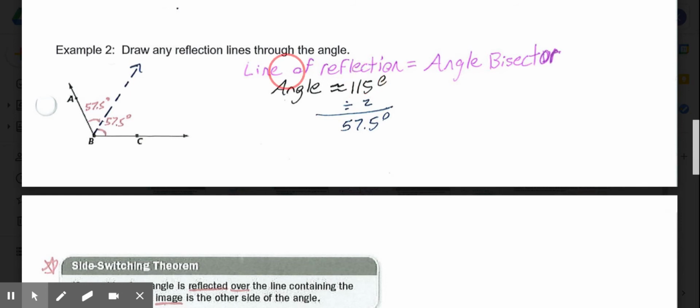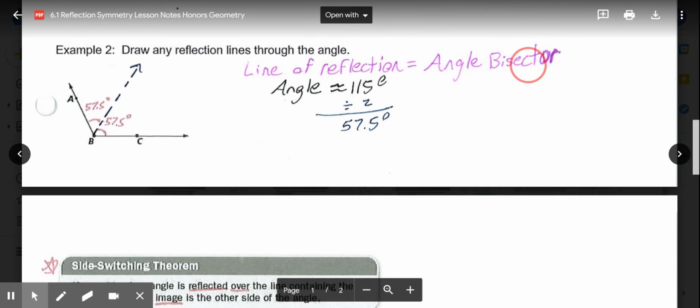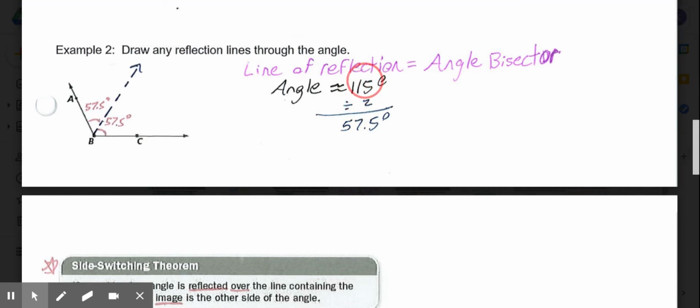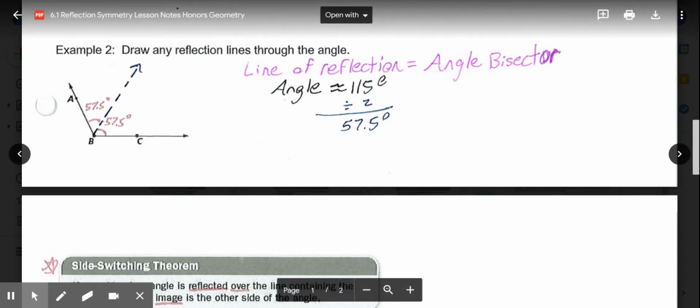So I know my line of reflection would be the angle bisector, whatever cuts that angle in half. So 115 divided by 2 is 57.5 degrees. So I know my line of symmetry has to cut this angle in half, so it would make 2 57.5 degree angles.